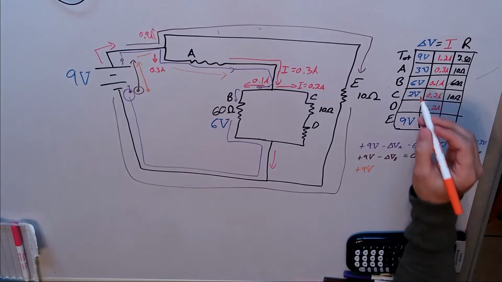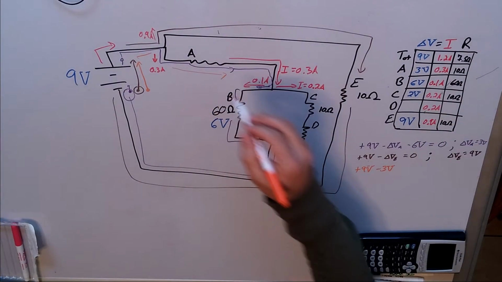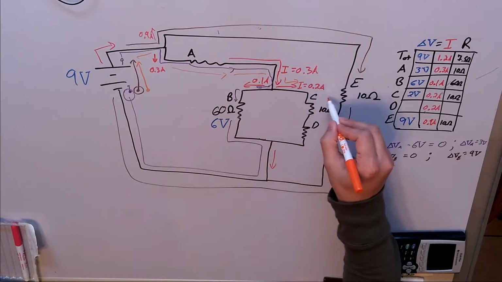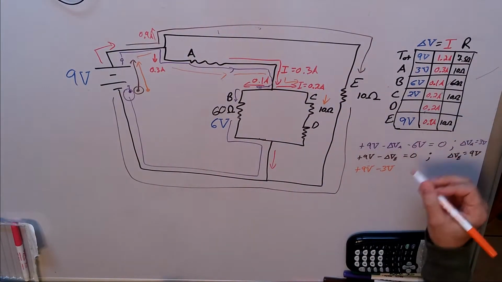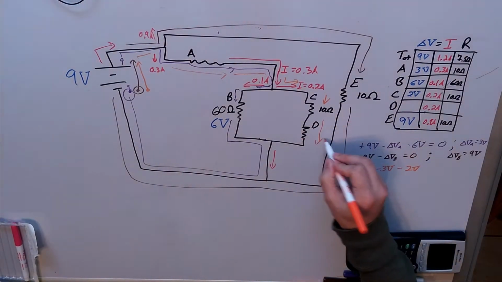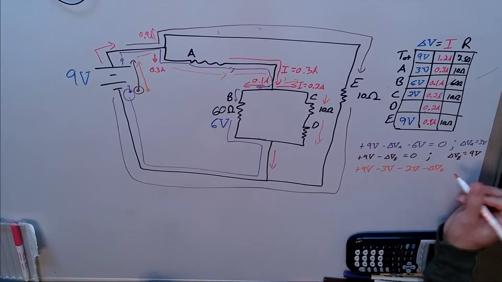I go across resistor A, which we now know has a potential drop of 3 volts. I go in and we go this way. I go across resistor C, which we know has a drop of 2 volts. And then I go across resistor D, which we do not know, delta VD.